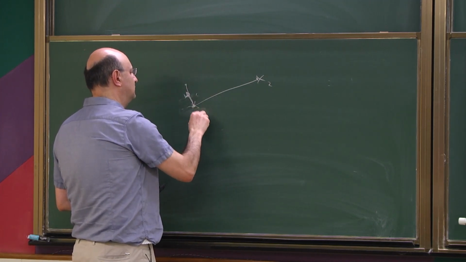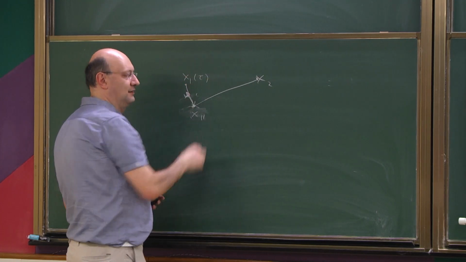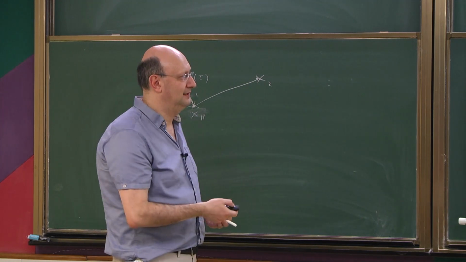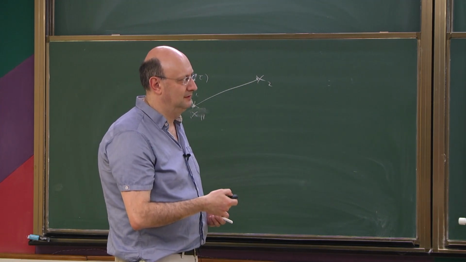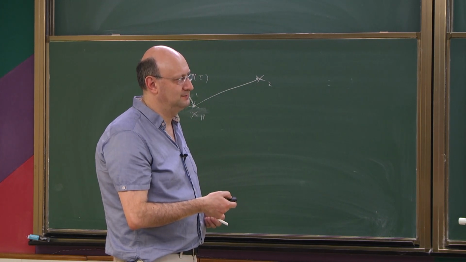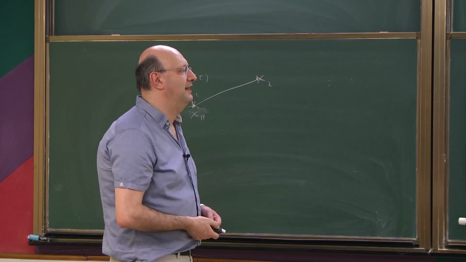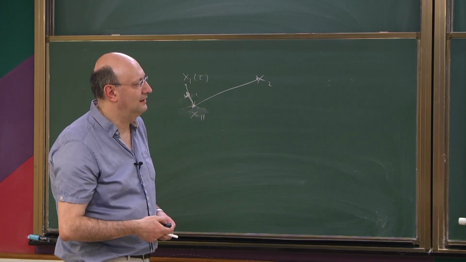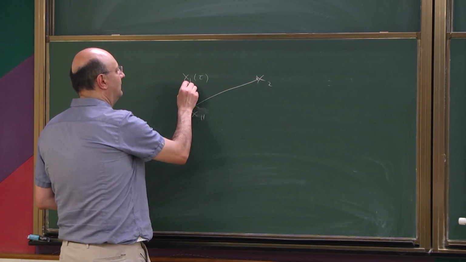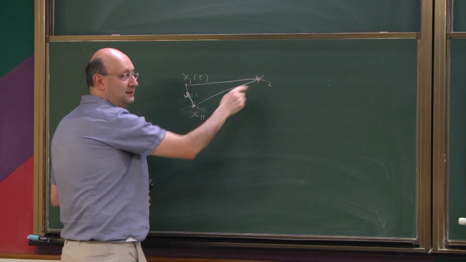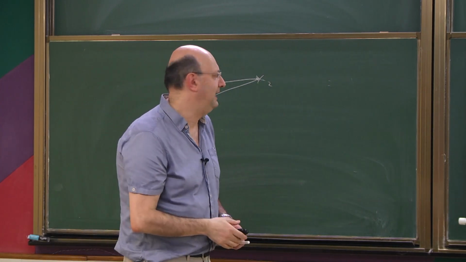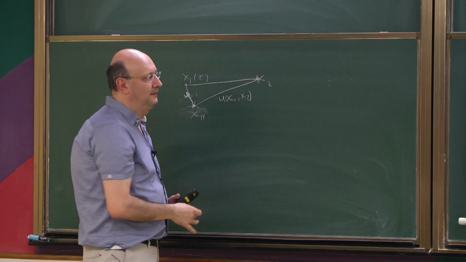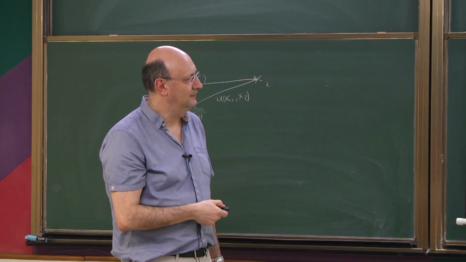So here, if this is x1, I would call this x1 of tau. And one can work out what these are. These are given over here, how the radial direction and the spatial directions change. And then one can show that if you do the computation, the distance between this point and that point is related to the original distance in a simple way.